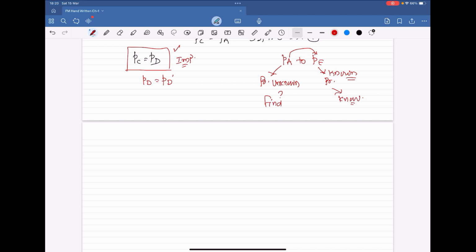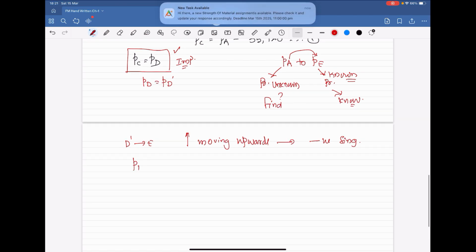Now, we moved up to D. Now up to D dash also we moved. PD is equal to pressure at D dash. Now from D dash to E, is it moving upwards? Moving upwards means negative sign.